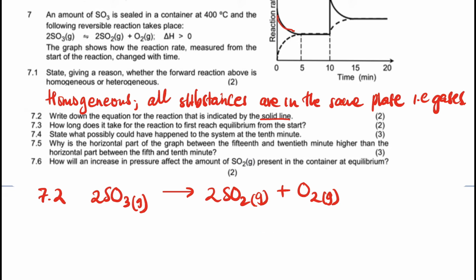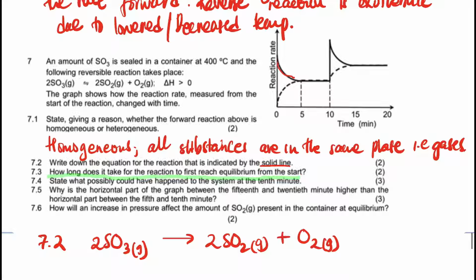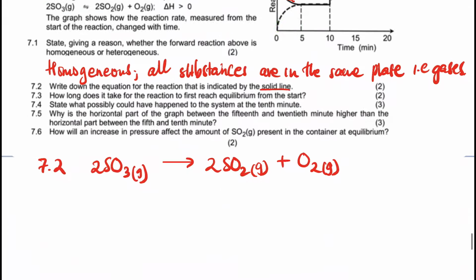Okay, now let's go to 7.3. It says, how long does it take for the reaction to first reach equilibrium from the start? So if you're looking here, it's not at equilibrium, the rates are not equal. They start to be equal after 5 minutes. So the answer in 7.3 is 5 minutes.